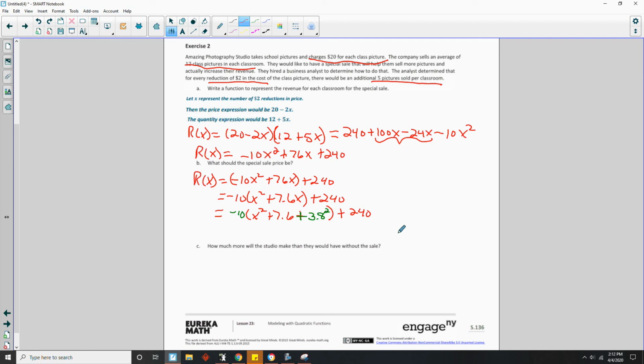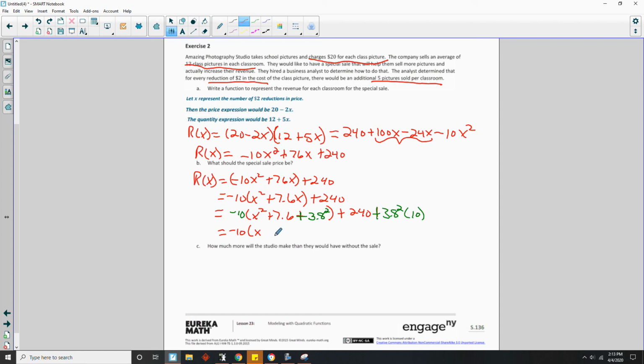So what we're going to end up with is, here, let's just put it right here, plus 3.8 squared times 10. So negative 10 times 3.8 squared and positive 3.8 squared times 10 is over here. They offset each other.